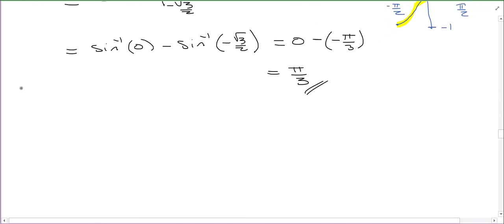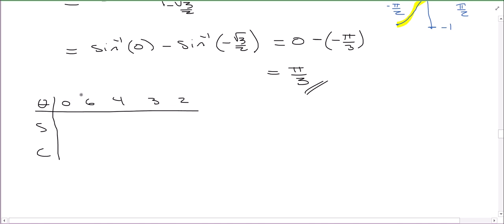However you choose to remember your values, in many of my previous videos I have shown you my table where I have theta, sine, and cosine, and we start with just the reference angles, the angles in the first quadrant: 0, pi over 6, pi over 4, pi over 3, and pi over 2. Except for 0, these are the denominators of pi, and sine is 0, 1, 2, 3, 4, so these are square root of over 2, and cosine, you just reverse it.